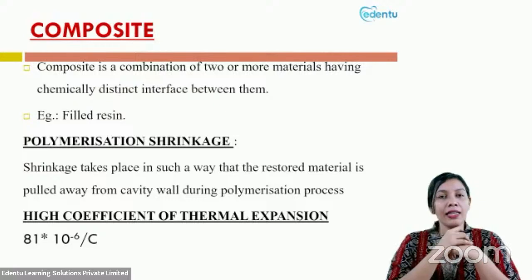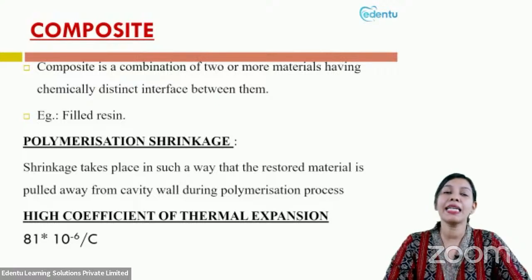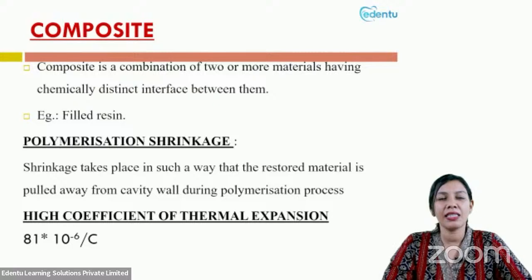Another important thing is the coefficient of thermal expansion. We know that our tooth has a certain coefficient of thermal expansion. For composite, the coefficient is very high, that is 81 into 10 raised to minus 6 per degree Celsius. These are some of the questions that are continuously asked in composites.